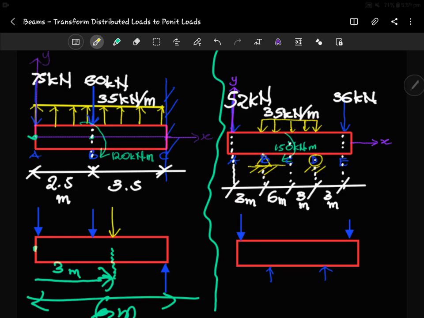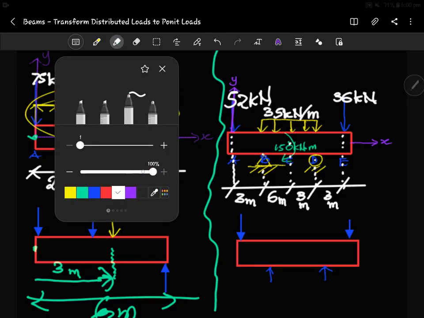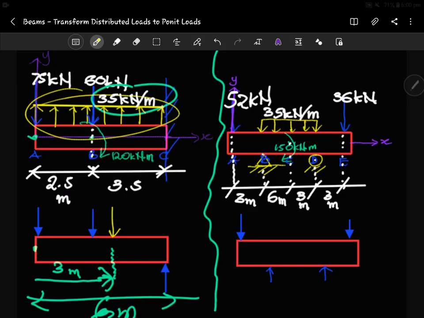And then before we turn it to a point load, we know the magnitude of it is 35, but this 35 is saying it's 35 kilonewtons per meter, right? So if it's acting on the entire beam, you see, when you look at this particular one, it's acting on the entire beam, but we know the magnitude is 35. So this is what happens. If the magnitude is 35, we first of all write the 35, right?